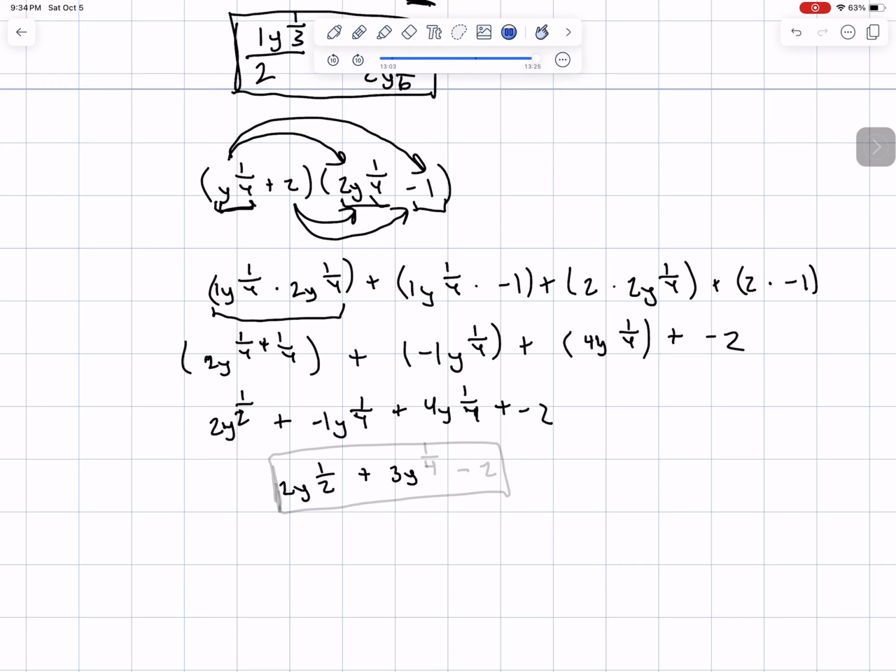And then since I'm just adding exponents, it's going to be 1/4. That's not going to change. It's not multiplication here. And then you write that as -2. So these you're not trying to solve per se, you're just trying to put it in the last final form. So that's how you solve for the distributive property.